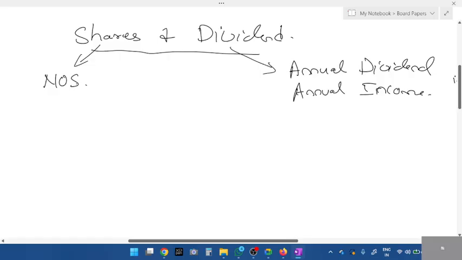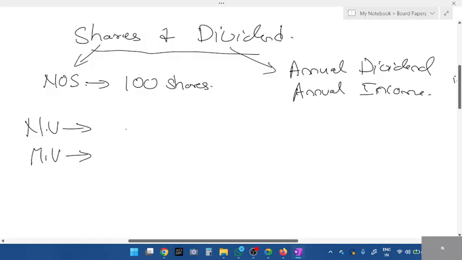Next, if number of shares is given, for example, 100 shares are there. In these 100 shares, you'll have nominal value and you'll have market value. All of you will remember this nominal value. Nominal value is before the company is registered, students. Before the company is registered, they set a price. That is nominal value.